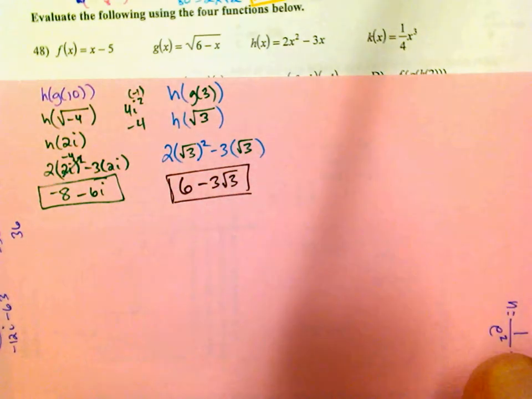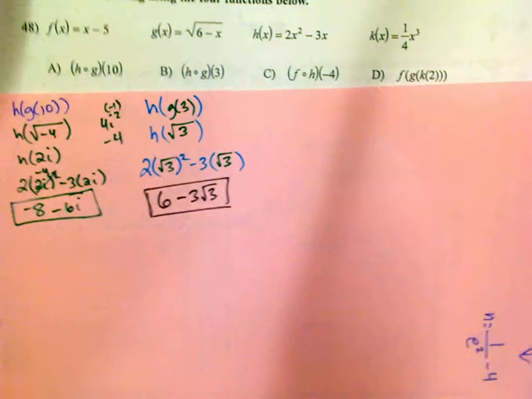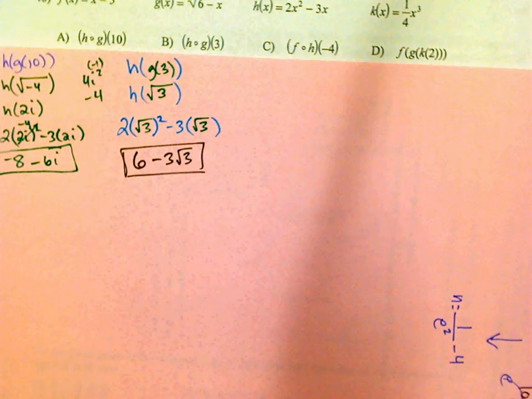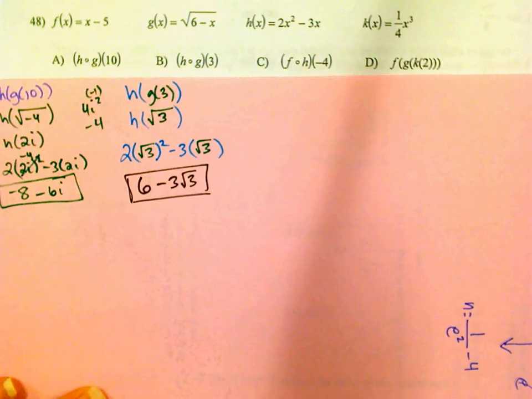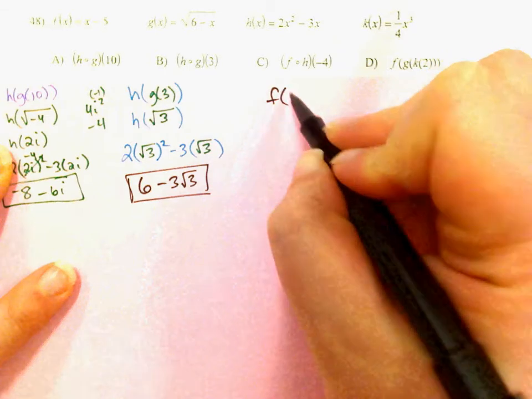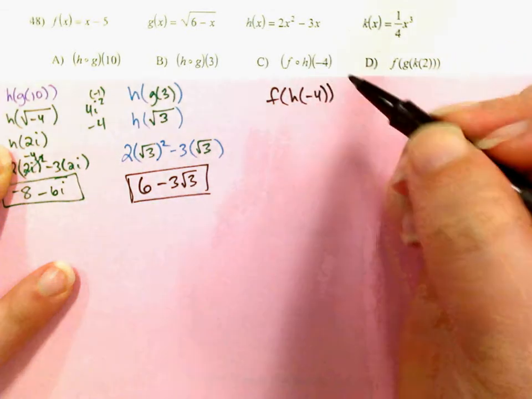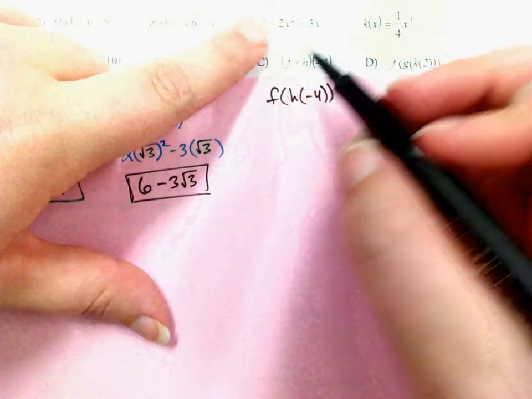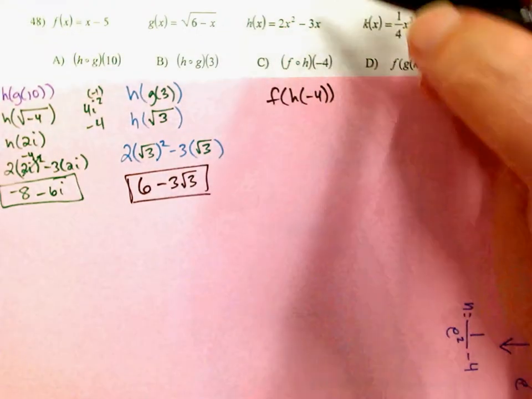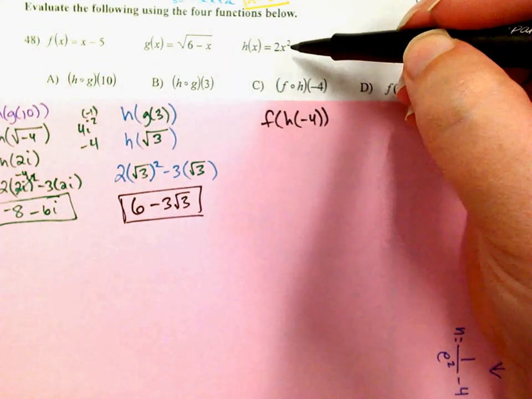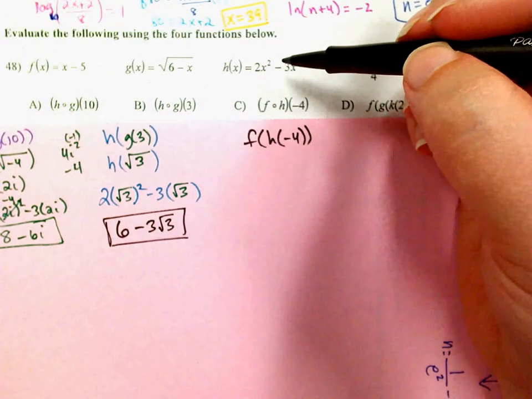Okay. What about C? What are we finding first? H of negative 4. So I need to find f of h of negative 4. H of negative 4, I'm going to plug negative 4 in right there. What is negative 4 squared? Sorry. Negative 4 squared is 16. What's 16 times 2? 32. So I've got 32.